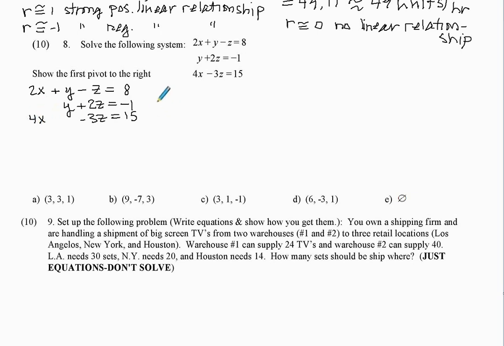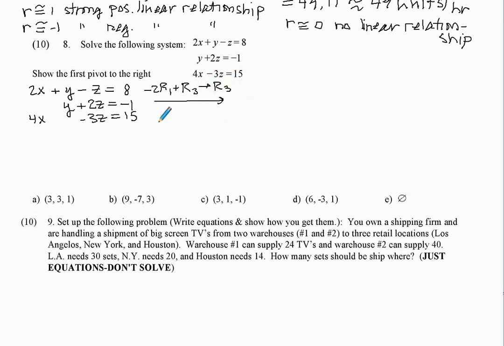Remember, we want to write our instruction for the row operations we're using. If I multiply this first equation by -2, then I'd have -4x. If I add it to that 4x, it'll cancel out. So I want to do -2 row 1 and add it to row 3, and that's going to replace and give my new row 3.